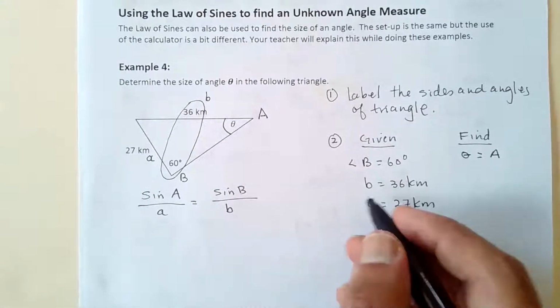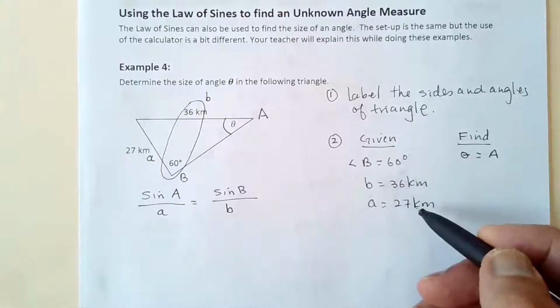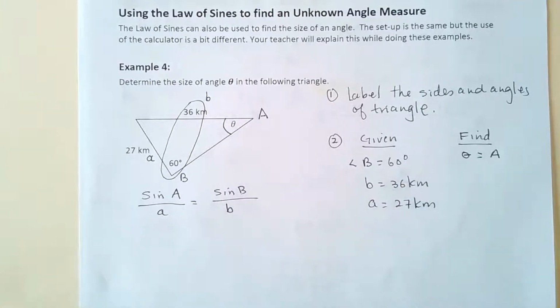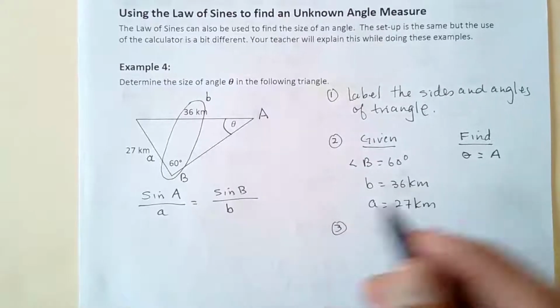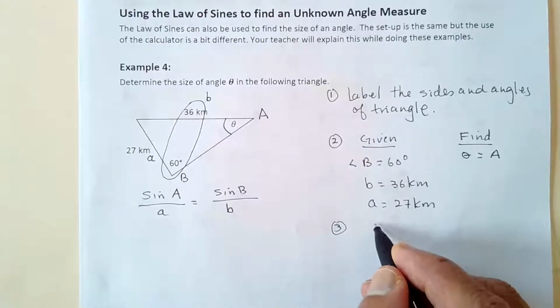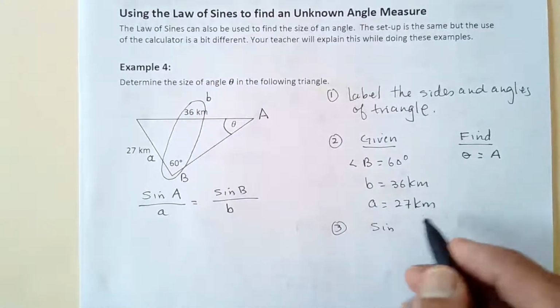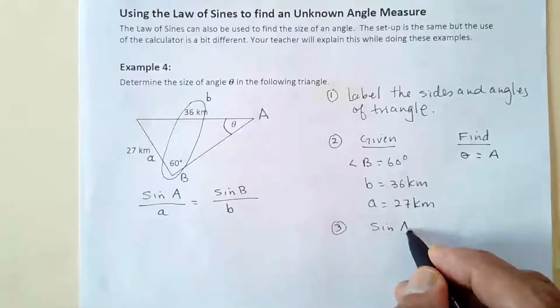Next step, we substitute our given into our sine rule. So here we have sine A, which we don't know.